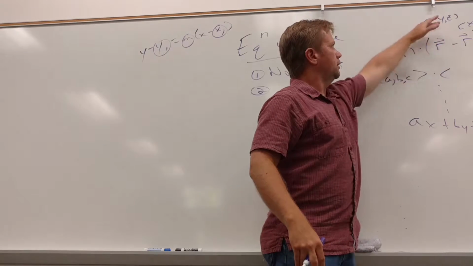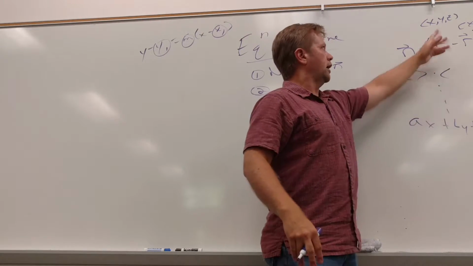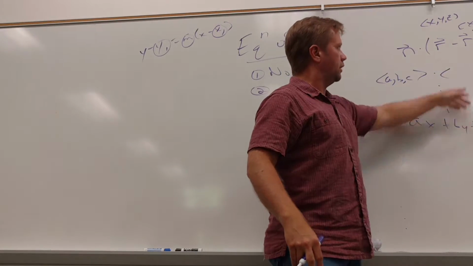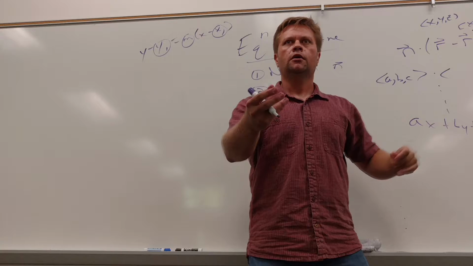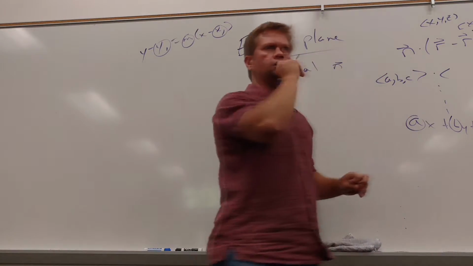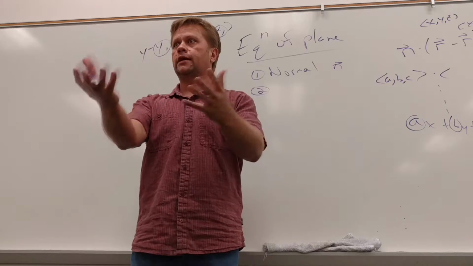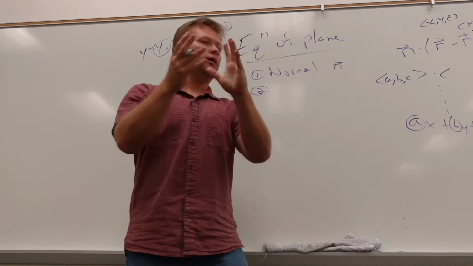The idea leads to an equation, and I could use any version of this equation anywhere I need to, based on what I know. So here, A, B, C, these coefficients, what do they relate to? Or, what is that exactly? That's the normal. It's crazy. It's kind of freaky.